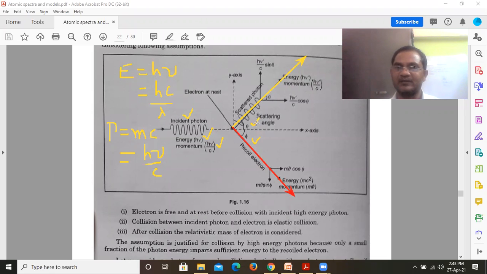The scattered photon is moving along the yellow line at an angle theta with the x-axis. Since here the angle is theta, here also this angle is equal to theta. So there also I have taken the x-axis and y-axis.